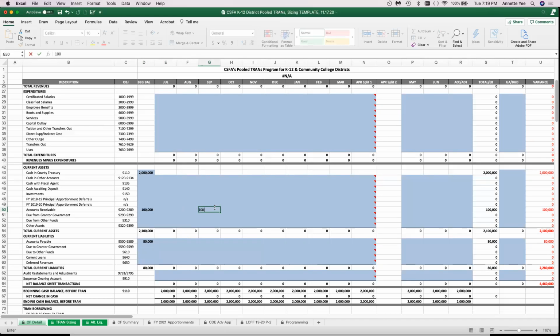If I put in $100,000 here, it made the line item in column S a 0. By receiving the 100,000, it zeroed out the accounts receivable balance, and I have 100,000 more in cash.